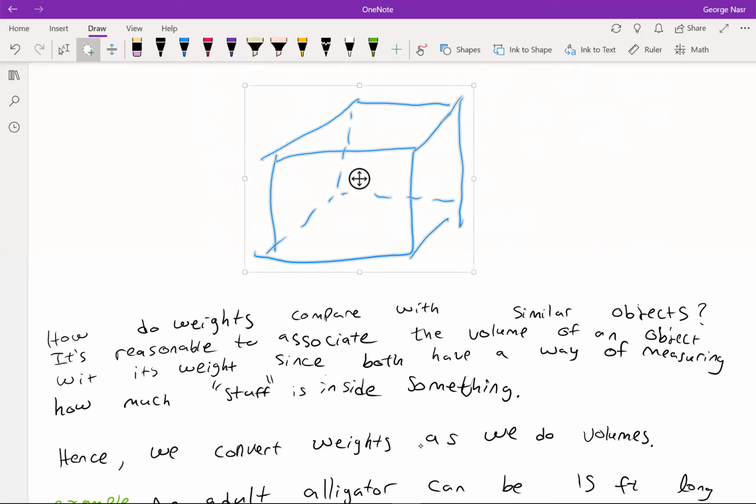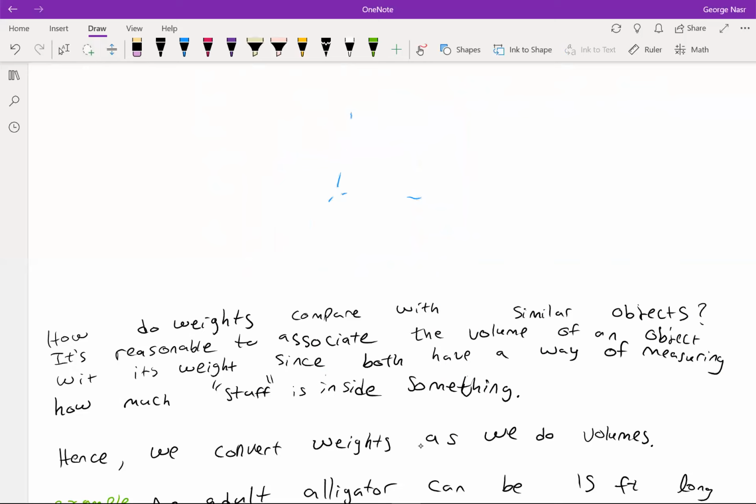In particular, the volume is how much space is inside and the weight is how heavy the stuff inside the box is. So it works out that we can also convert weights in the same way that we convert volumes. That is, I can multiply weights by the scale factor cubed, and that scales things correctly.